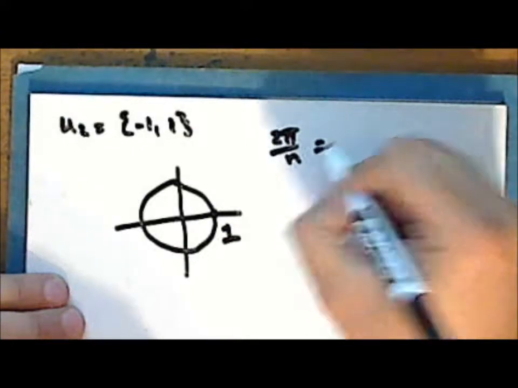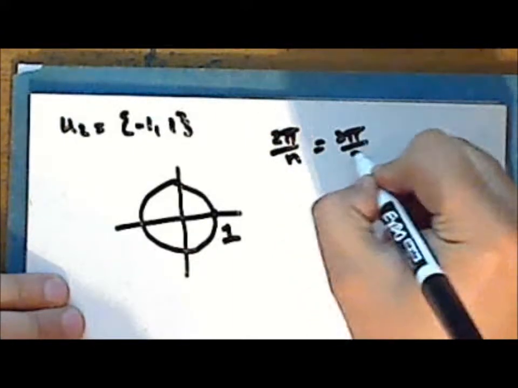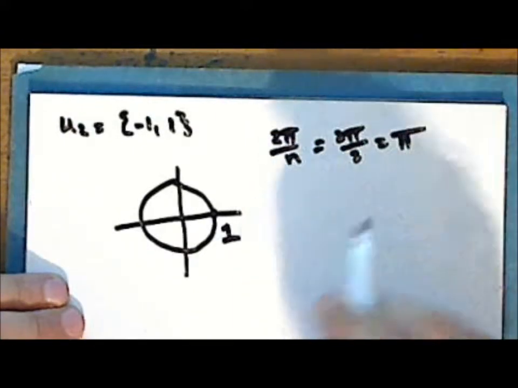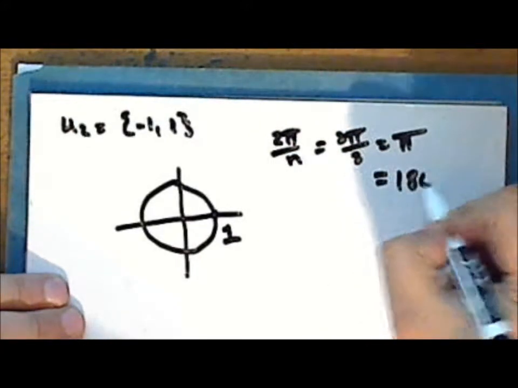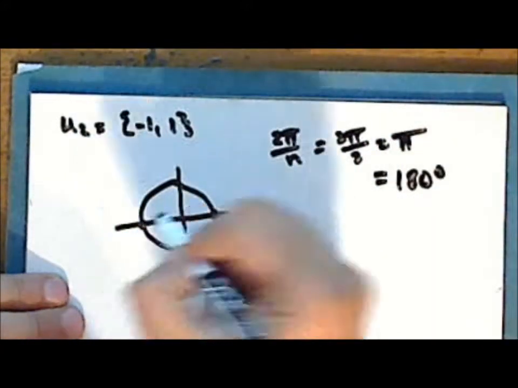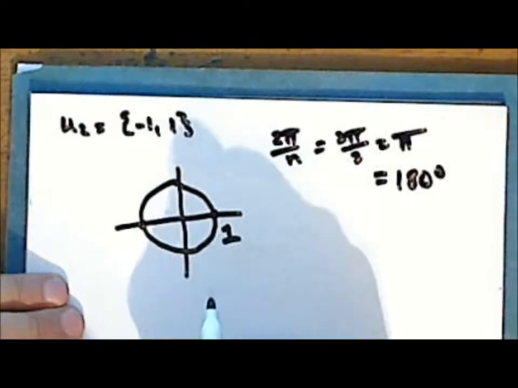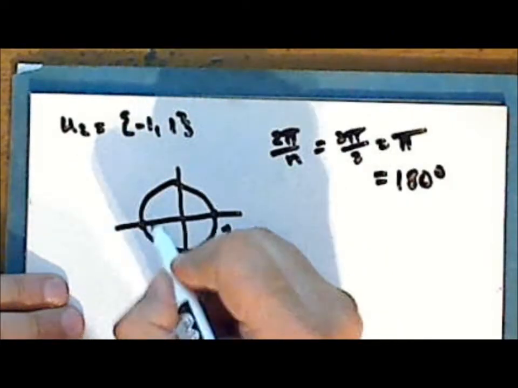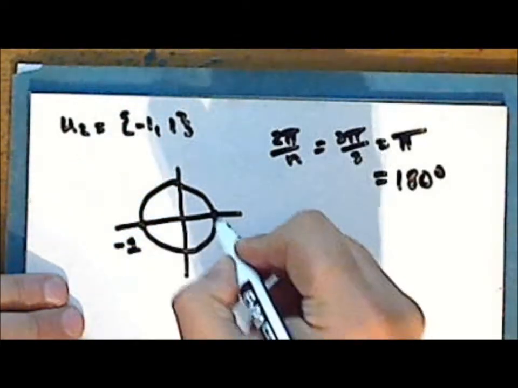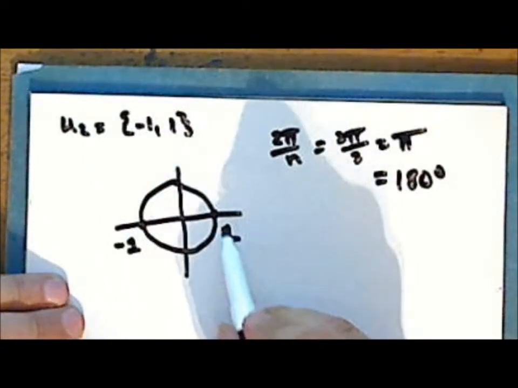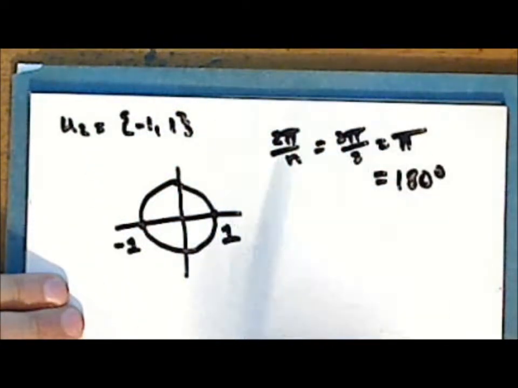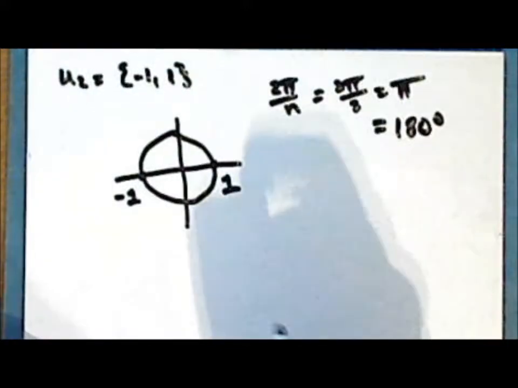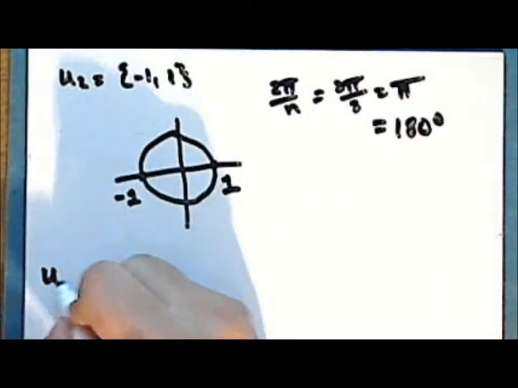So in our case, we have 2 pi divided by 2, or pi radians apart, which is 180 degrees. And so the second square root of 1 is the number negative 1, once again 180 degrees from the number 1.